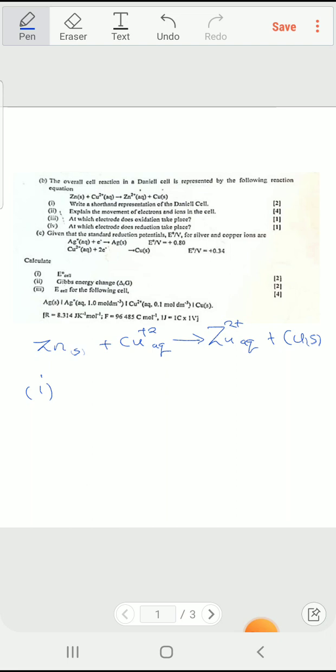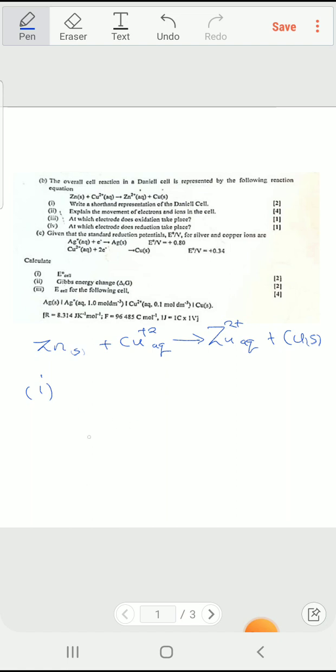This topic is under electrochemistry. So first, let's try to analyze which one is oxidation and which one is reduction.